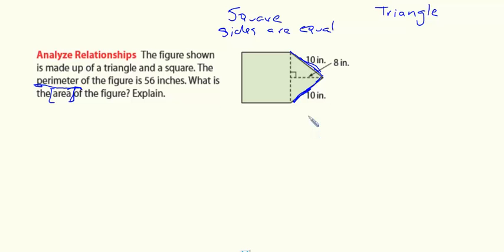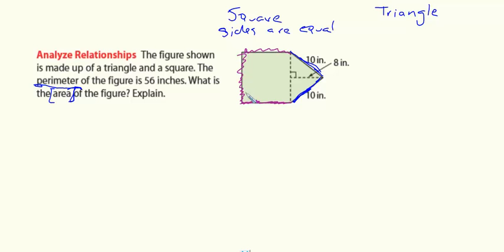So I know that for the perimeter of this figure, I need to add up 10 plus 10 plus this side of my square plus another side of my square plus the third side of my square, and these 5 sides of my figure should add up to 56 inches.